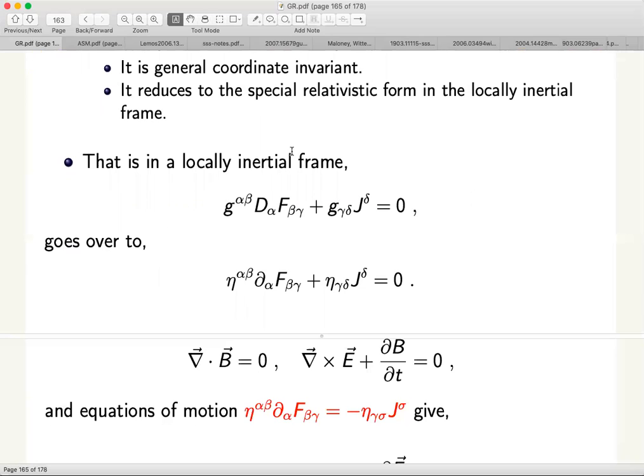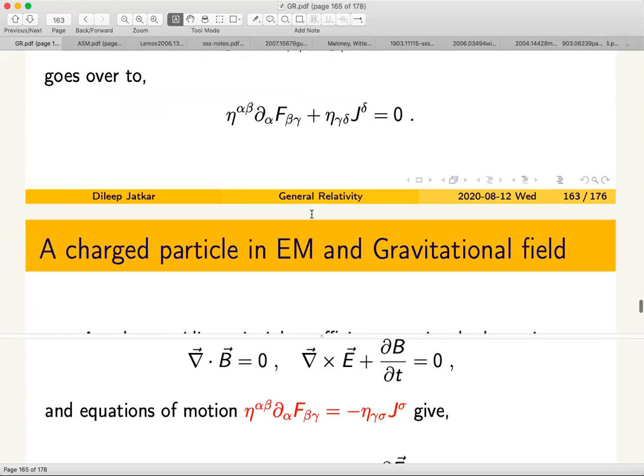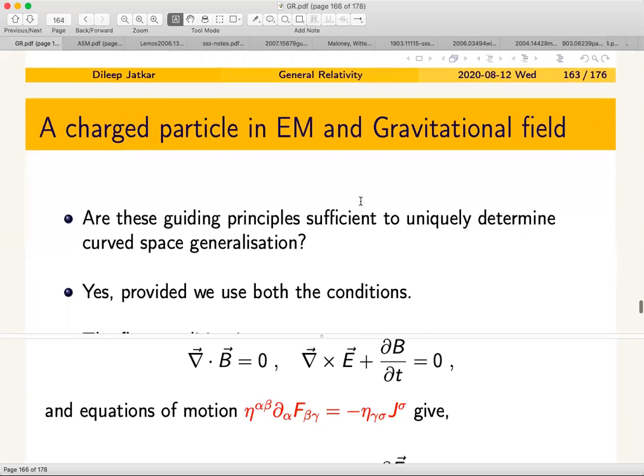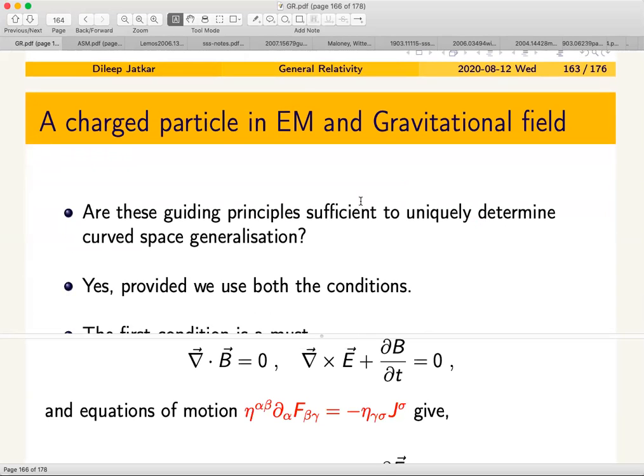So general coordinate invariance or covariance is something which is quite trivial. Well, trivial in the sense it's an exercise, but you can check that it would work out. And that is a condition which is a must. So we should try to distinguish these two when we go ahead and look at these generalizations of flat space equations to curved space equations.